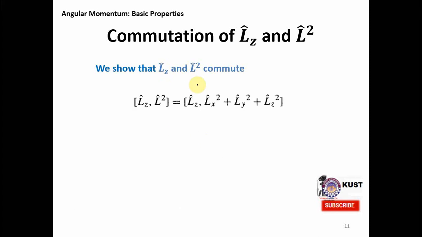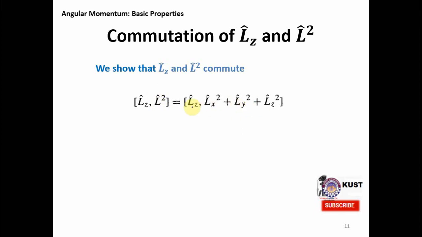Since you are already familiar with the commutation relations now, let's go straight to the calculation, that is the Lz and L squared commutator, but L squared we can write in its component form, that is Lx squared, Ly squared and Lz squared.